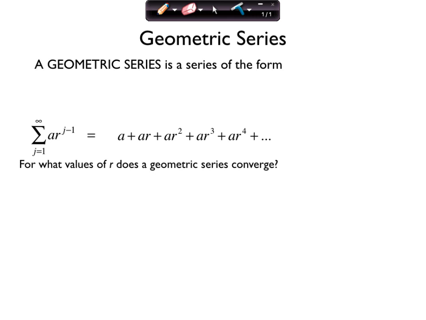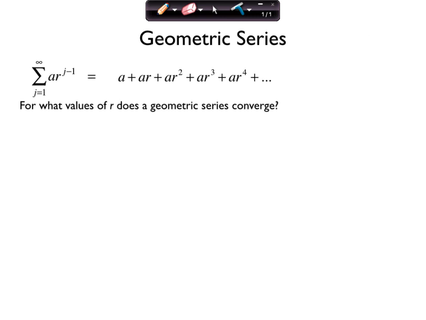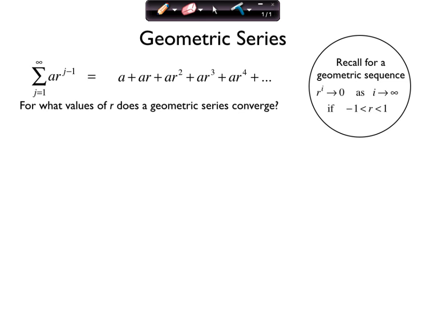So first let's remember, for what values of r does this geometric sequence converge? Negative 1 to 1, right? So recall, for a geometric sequence, the sequence will converge to 0 if r is like a fraction, right? A percent, less than 100%, right? You keep taking a fraction of what you had before, that'll get small.